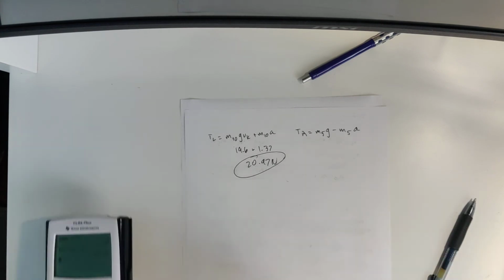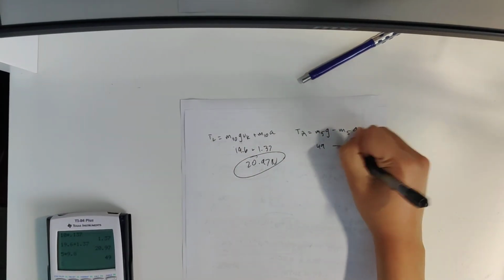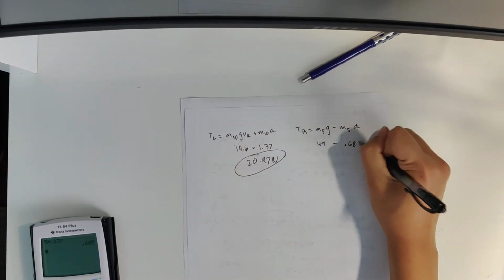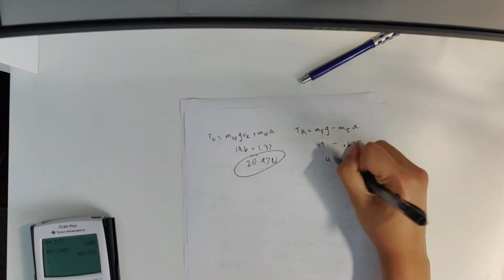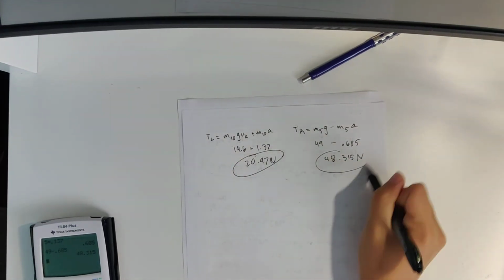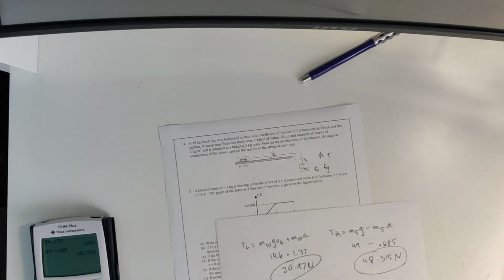For TR, your mass is 5 times 9.8, roughly 49, minus 5, which is your mass, times 0.137. That becomes 0.685 if you just subtract those. 48.315 newtons. That is your tension for R, and that should be all of the parts.